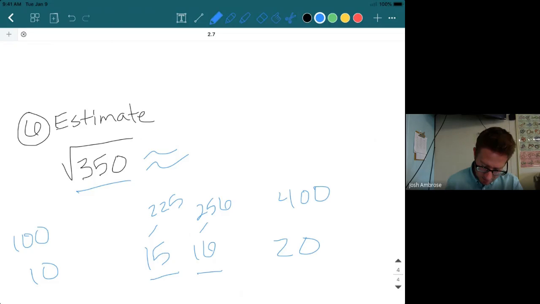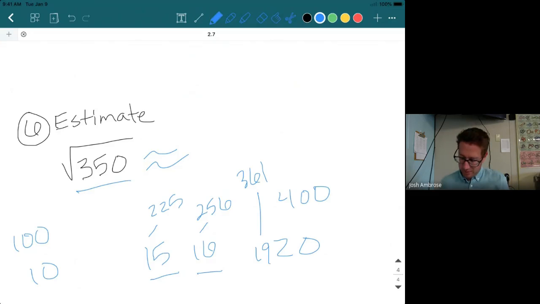So what I would recommend is let's immediately jump to 19 and see how close that gets us. All right, that is 361. Now, we're getting real close here. So 18 and 18, 324.